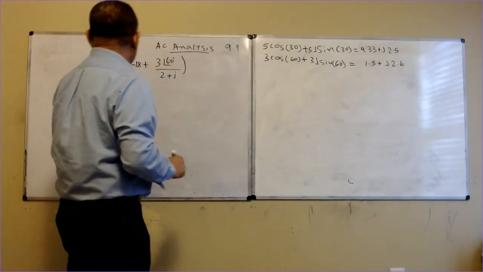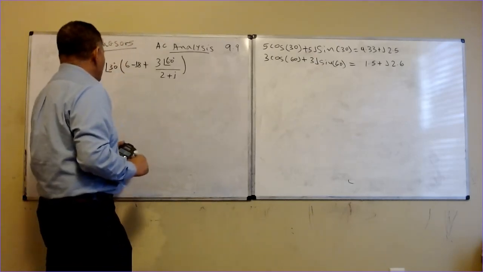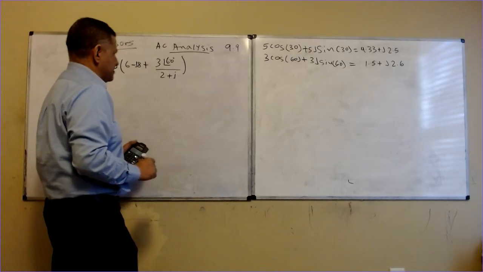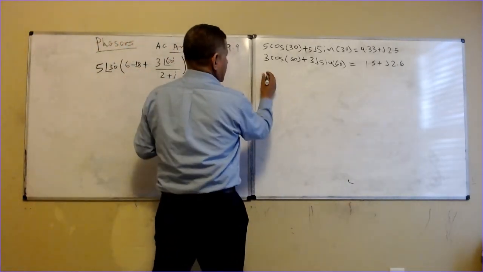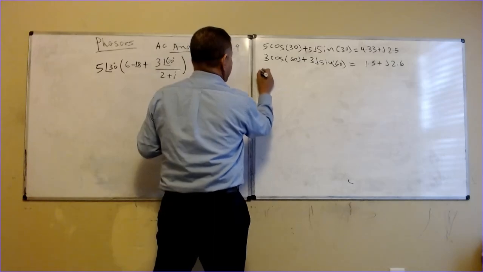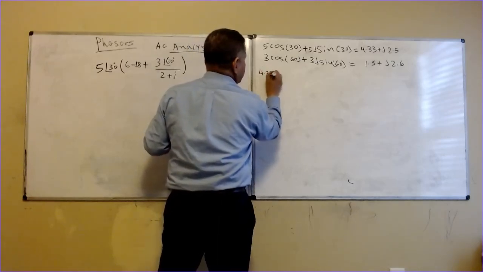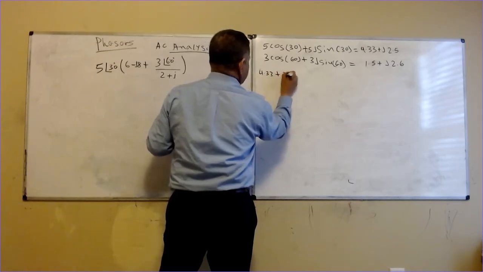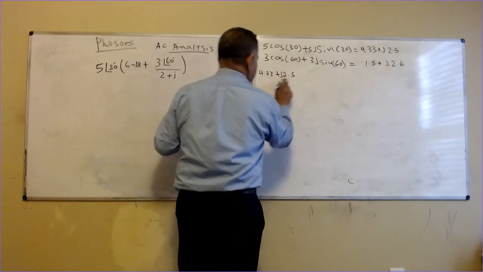Now we have to work this out, right? So how are we going to do that? So basically, I have to write everything, and I have to say 4.33 plus 2.5j, right?